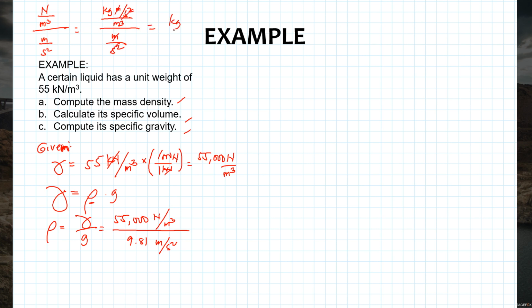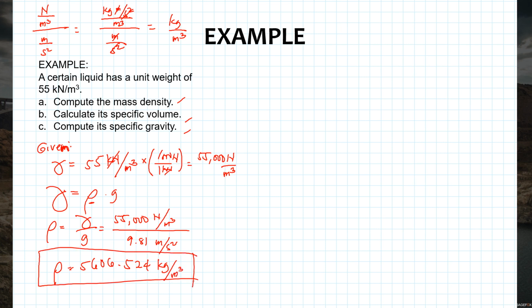What unit remains is kilogram per cubic meter. By dividing the two, 55,000 divided by 9.81 is 5606.524. That's in kilograms per cubic meter. That's the answer for letter A, the mass density.